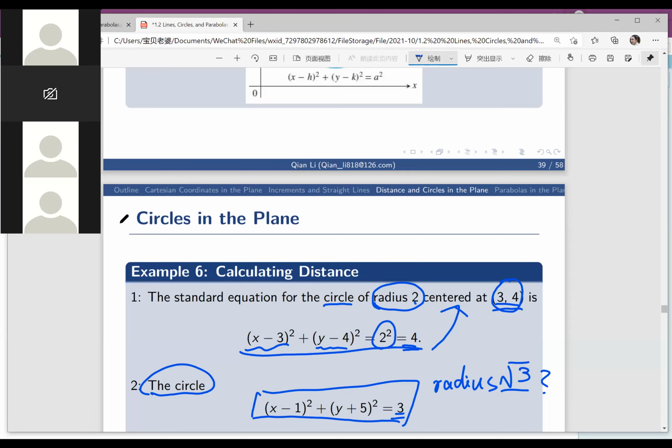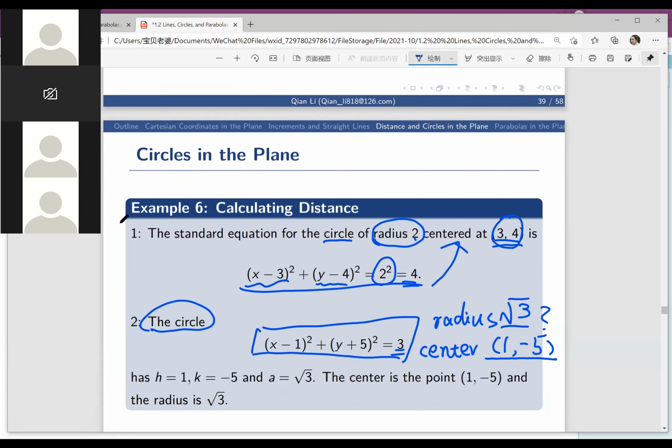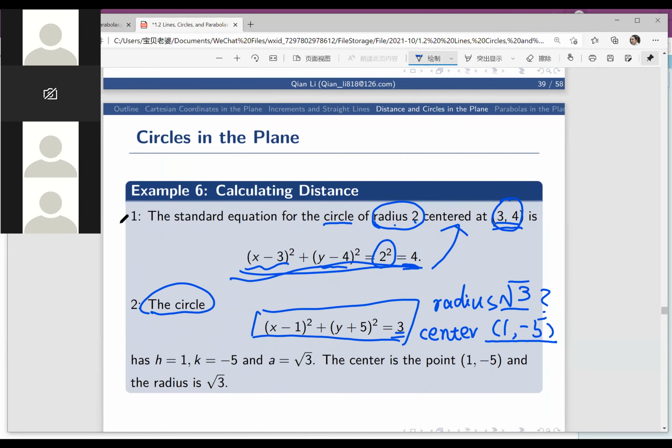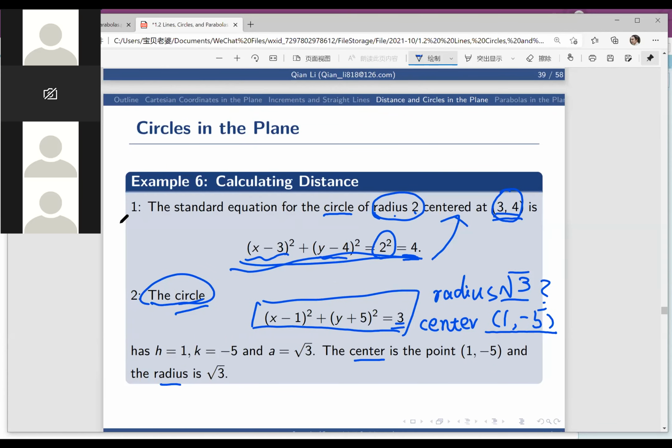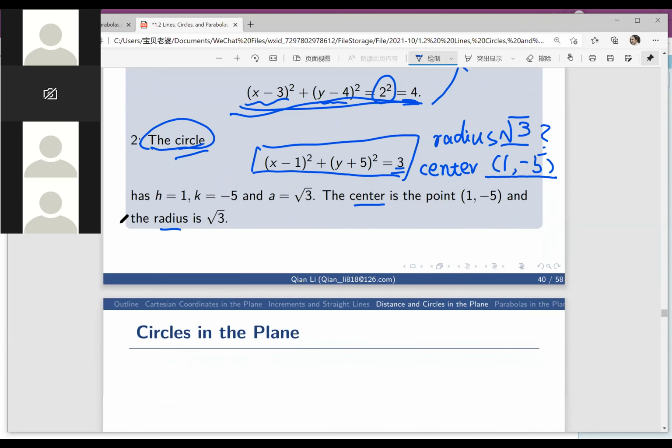And what is the center of this circle? (1, minus 5), right? Yeah, okay. This is the radius and the center. So if we are given the radius and the center, we can write the equation for this circle. And if we are given the equation for this circle, we can get the center and the radius of this circle.